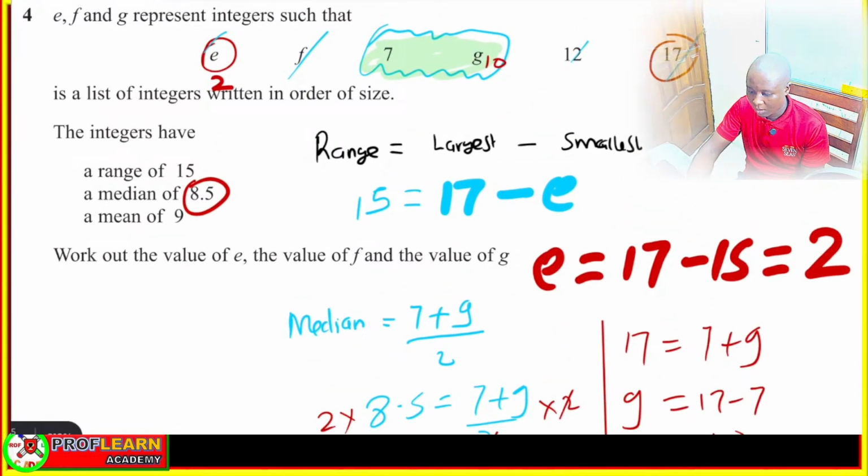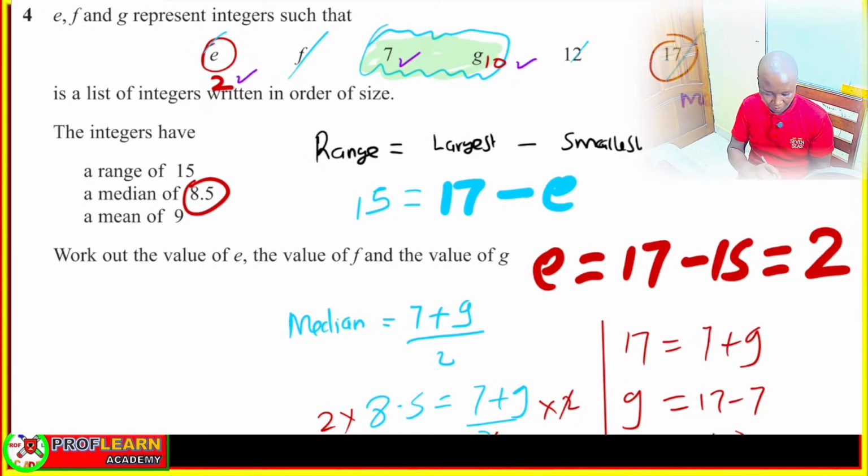You'll say mean is equals to sum of all the numbers. So this is 2 plus 7, that's 9, plus 10, that's 19. Okay, let me say this. 2 plus 7 plus this one here is 10 plus 12 plus 17.